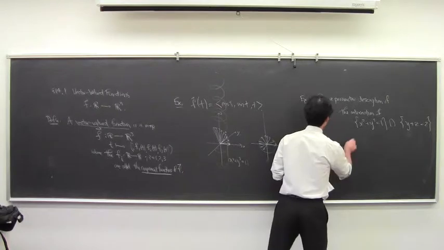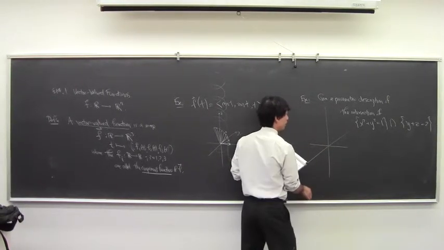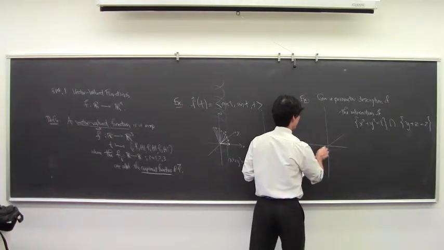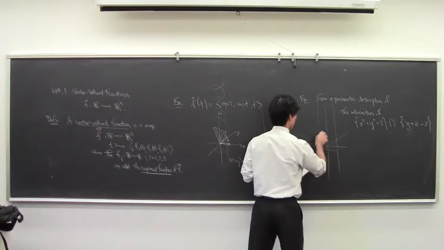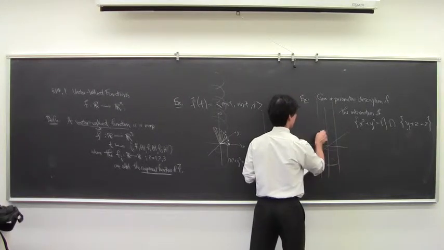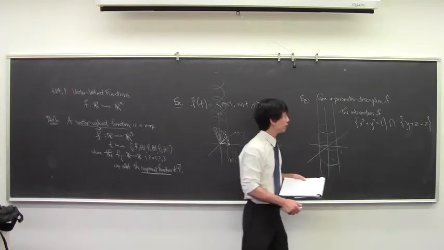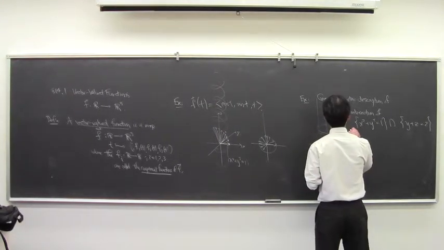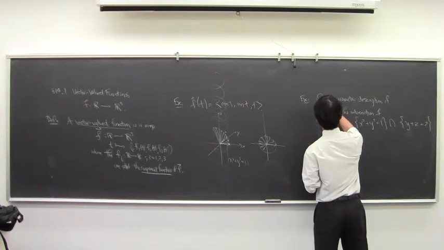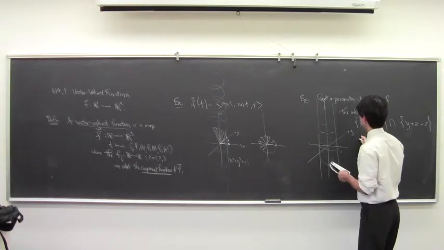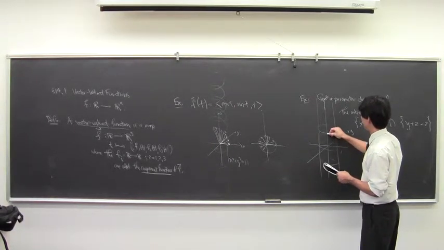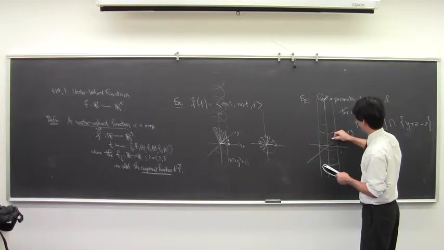So the picture you have in your head is, you have the cylinder going up and down, x squared plus y squared equal to 1. And then you have this plane, say this is y and this is z. So z equals 2 minus y, so it goes like this.